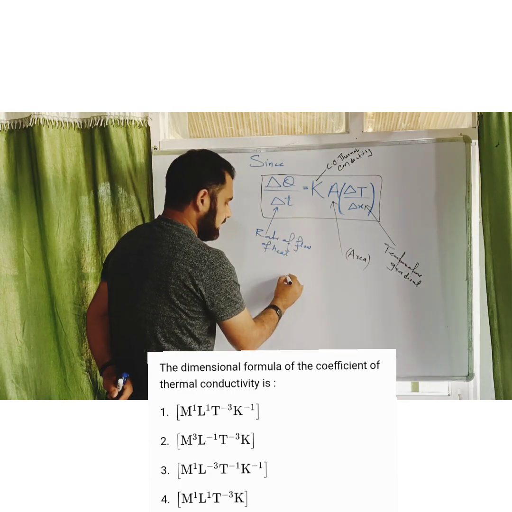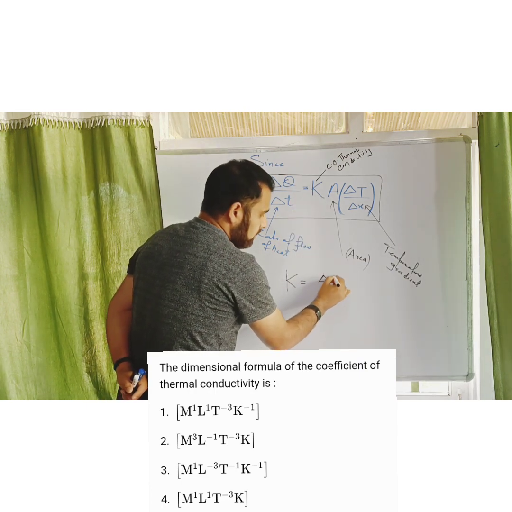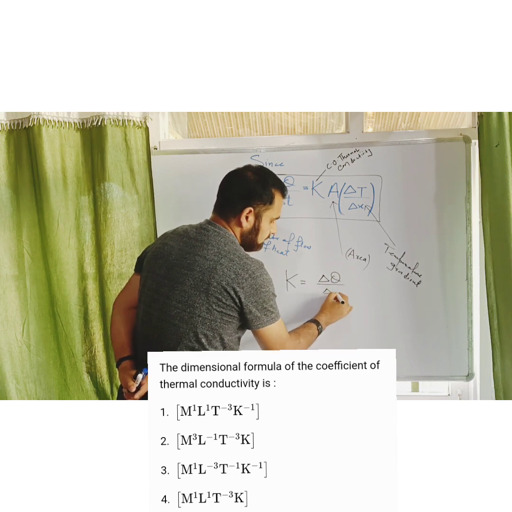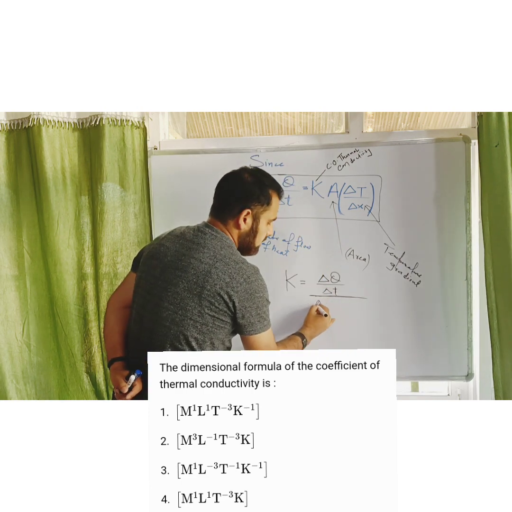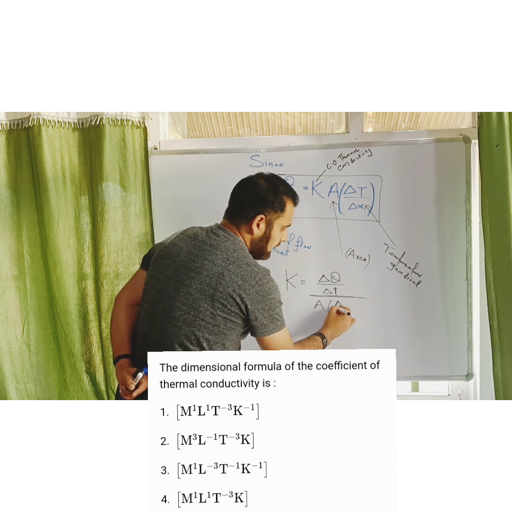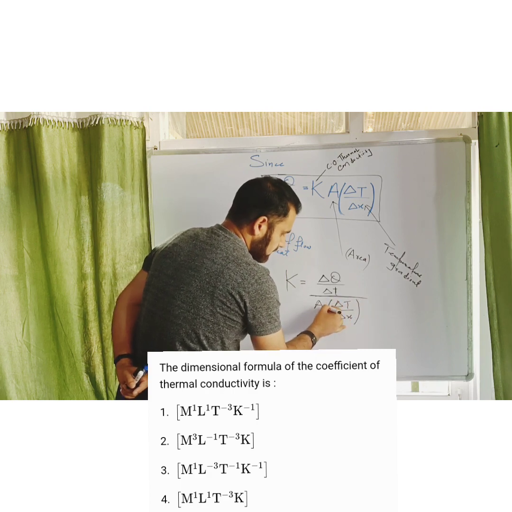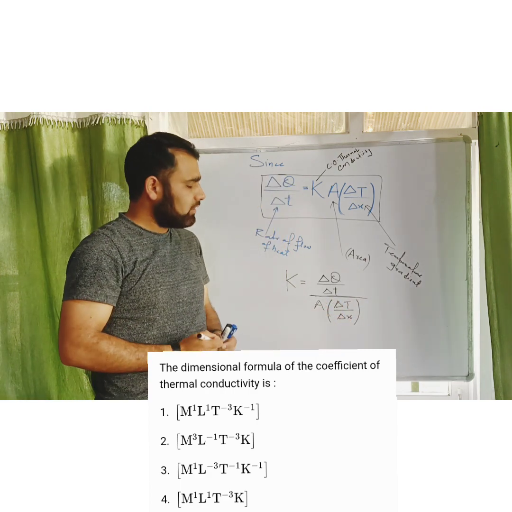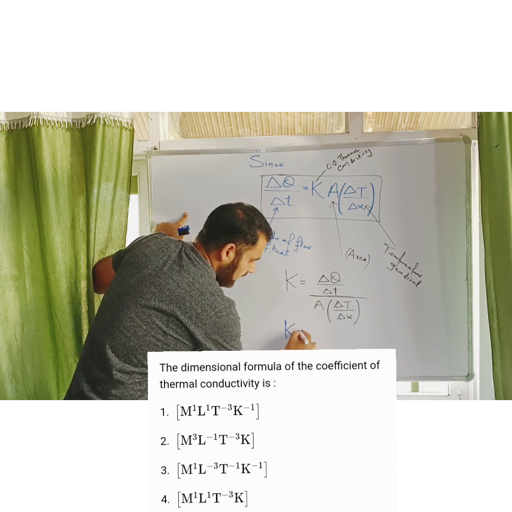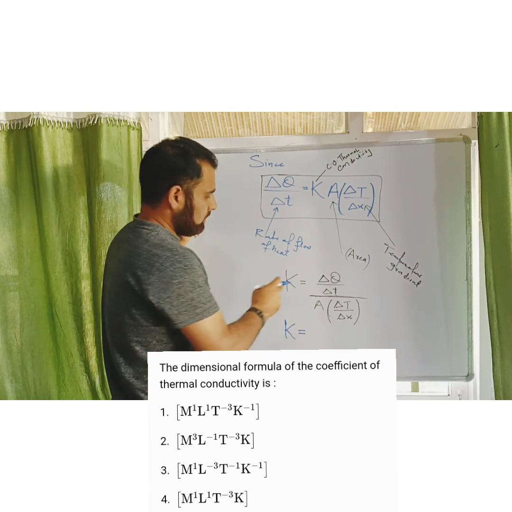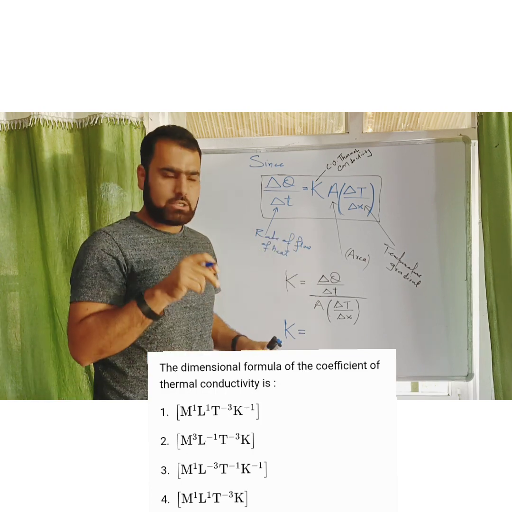So from here I can write K is equal to delta Q divided by delta T, whole divided by A into delta T divided by delta X. Now looking for the dimensional formula, K is equal to delta Q, which represents the amount of heat transferred through a solid.